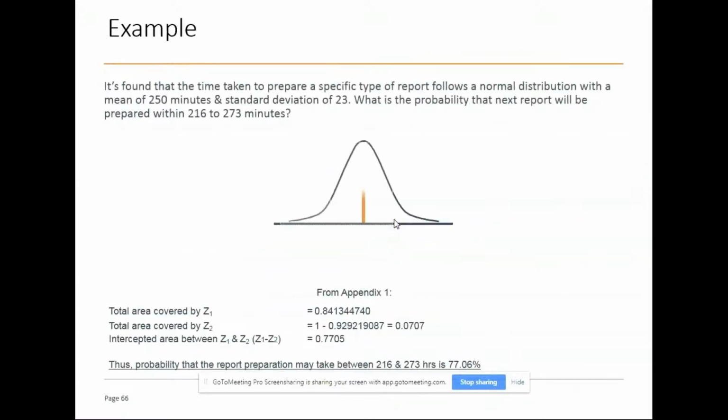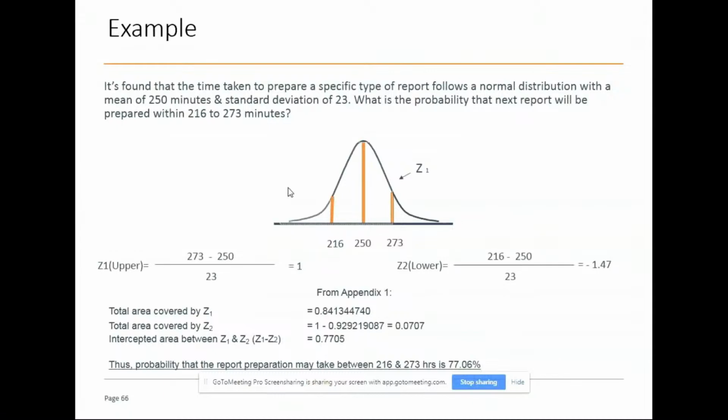Like I said, my animations are all over the place. Now what we're trying to do is calculate the probability between these two points, 216 and 273.